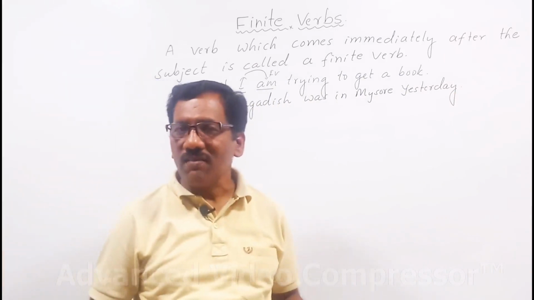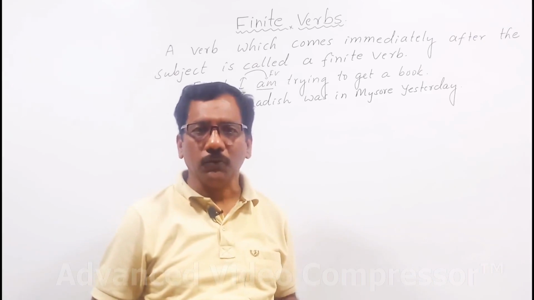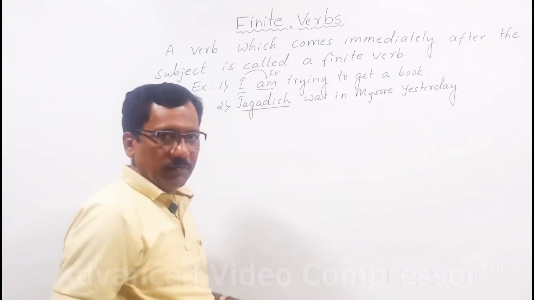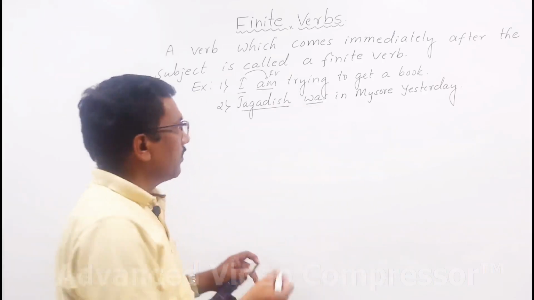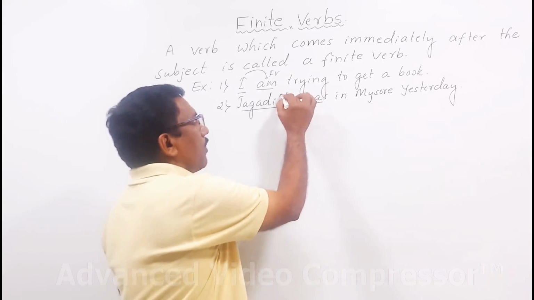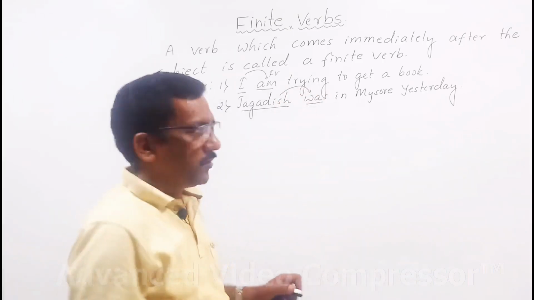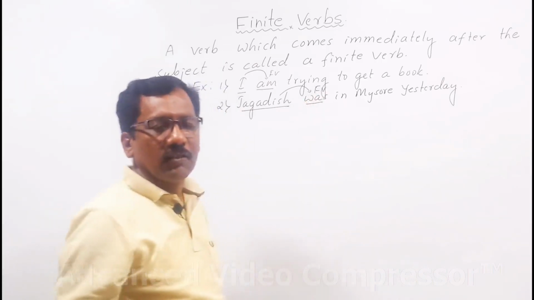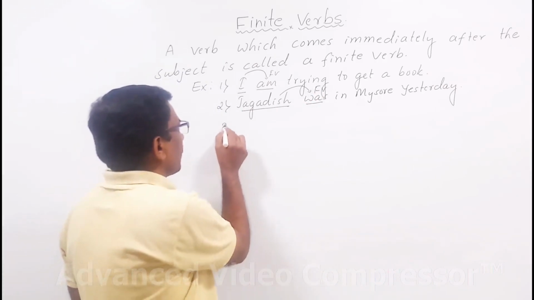Here, Jagdish is the subject and was is the helping verb. The word which comes after the subject, you know that is a finite verb. Therefore, we would like to say was here is a finite verb. Okay?